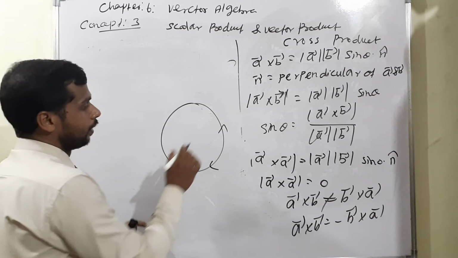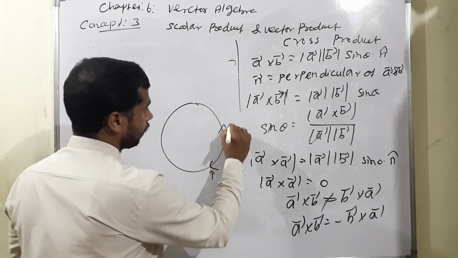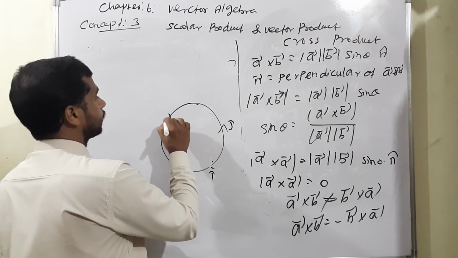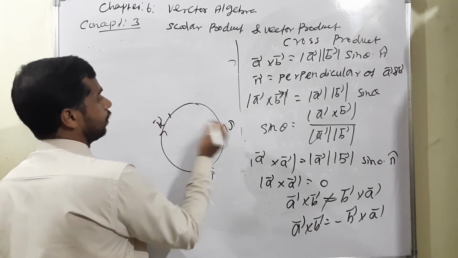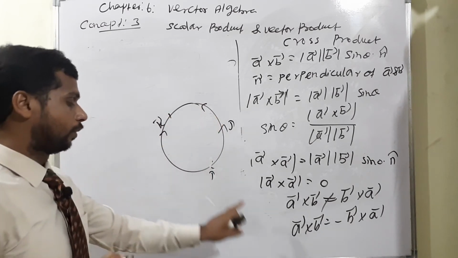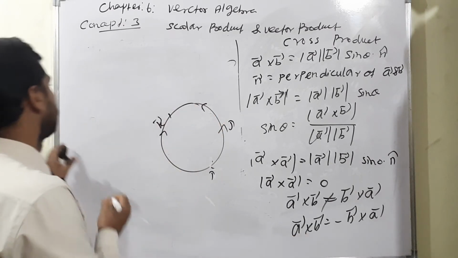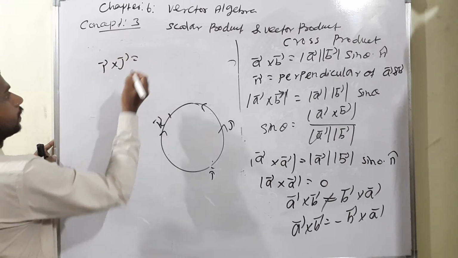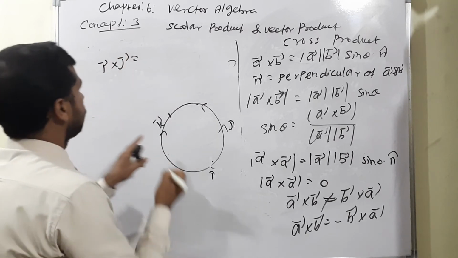Listen very carefully. This is considered for i vector, this is considered for j vector, and this is considered for k vector. Look at the position of the terms. So i vector cross j vector is equal to, what is the meaning?